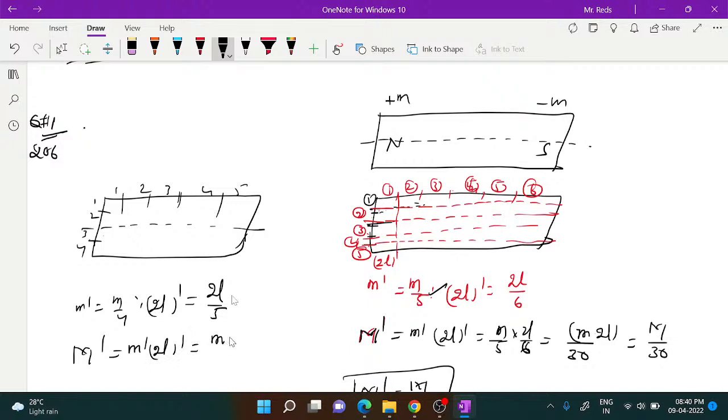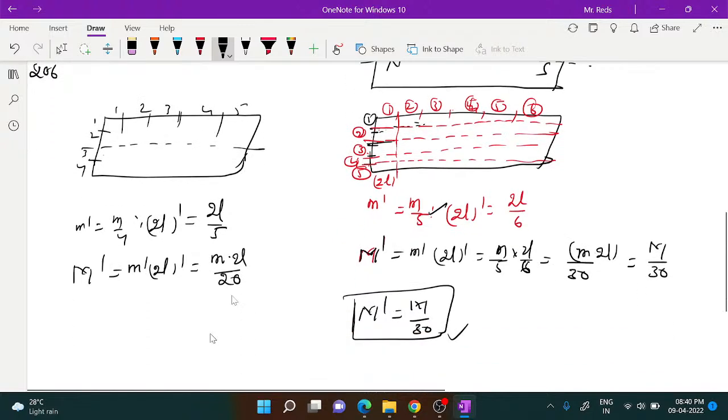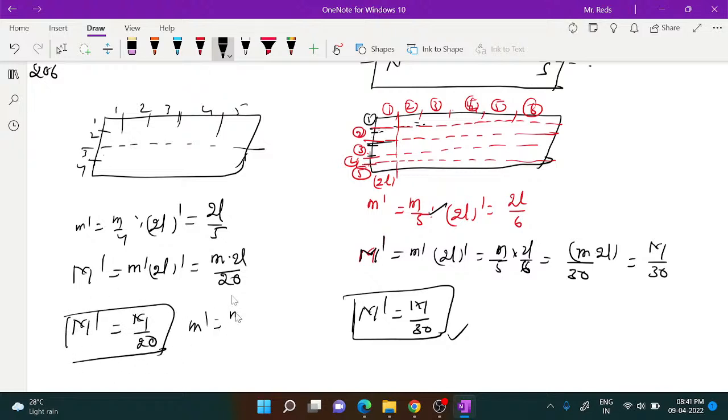It becomes m into 2L by 20. So M dash is equal to capital M by 20, and small m dash is equal to m by 4. If that is the case, option 2 will be correct. If the words are pieces, but given as times, there is no such option. Actually, there will be a printing mistake or typing mistake. You have to correct that one. Okay.